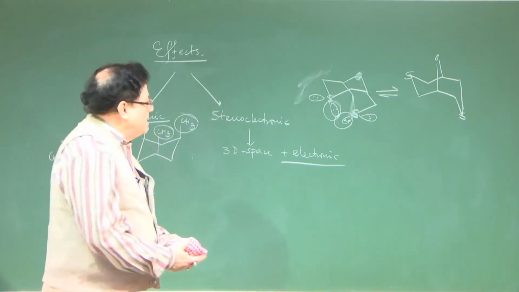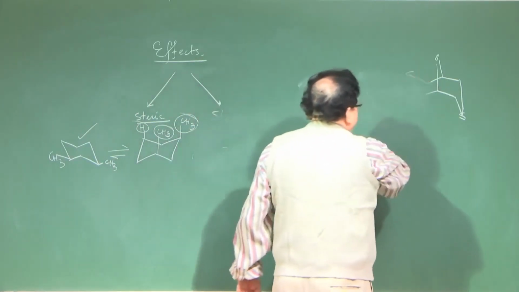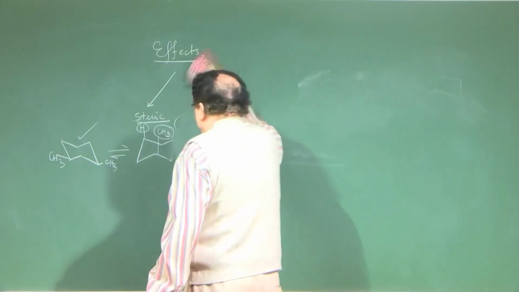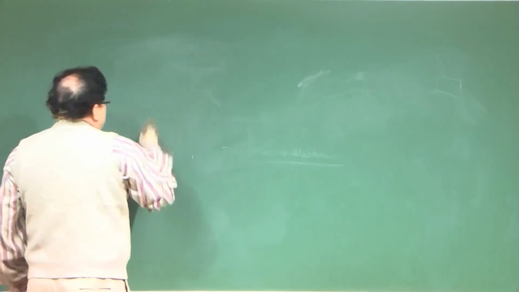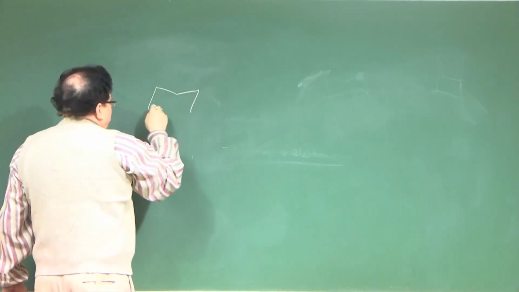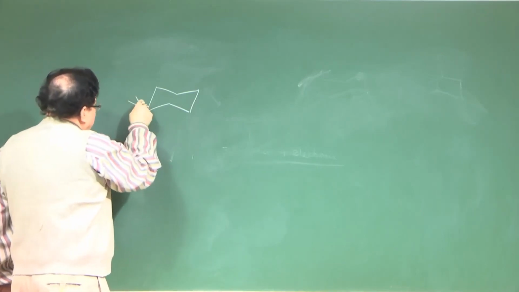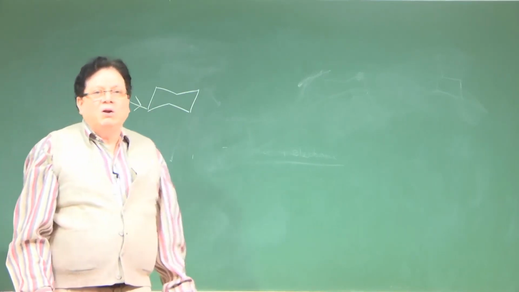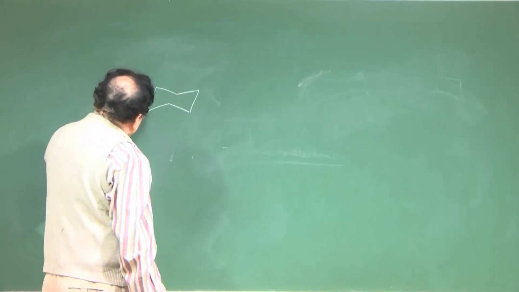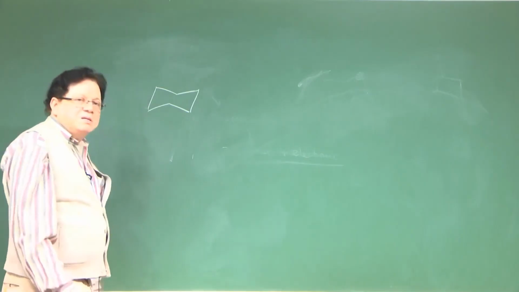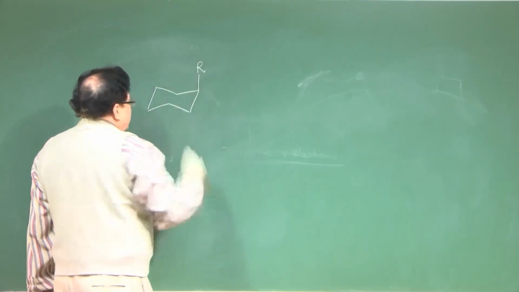Now, let us try to see what is the origin of this stereoelectronic effect. Remember that in a cyclohexane system, if it is conformationally locked, the way to do it is to put a tertiary butyl. Or suppose it is a flexible system and you put an alkyl group.